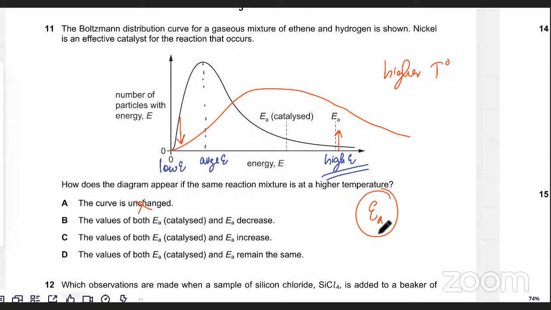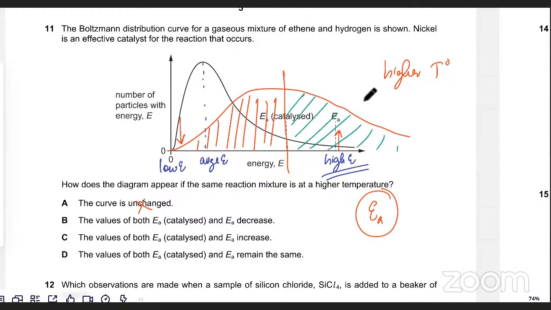The only effect temperature has is on this cutoff point: particles having energy lower than the activation energy are not going to react successfully, and particles with energy greater than the activation energy are energetic and able to react successfully. So the activation energy point remains exactly the same. The values of both EA catalyzed and EA remain the same. Only one thing changes EA, and that's the presence of a catalyst. Okay? Is this clear?